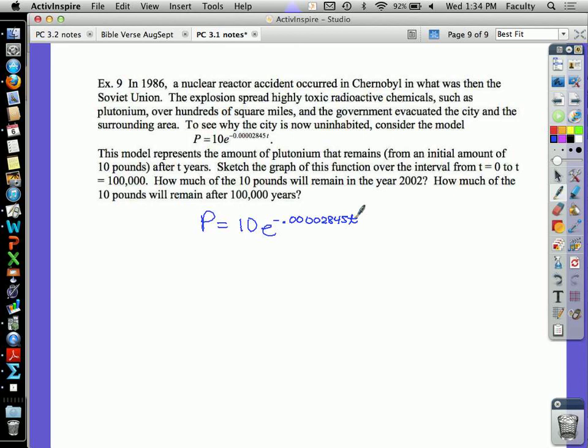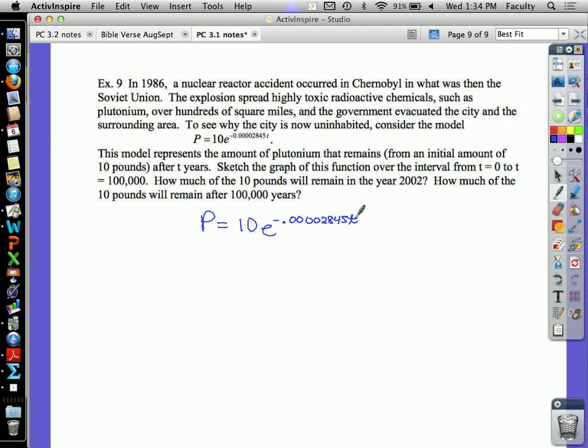E to the 0 is 1, okay? So they didn't come out and say this, but I have enough information to conclude t is the number of years since 1986.